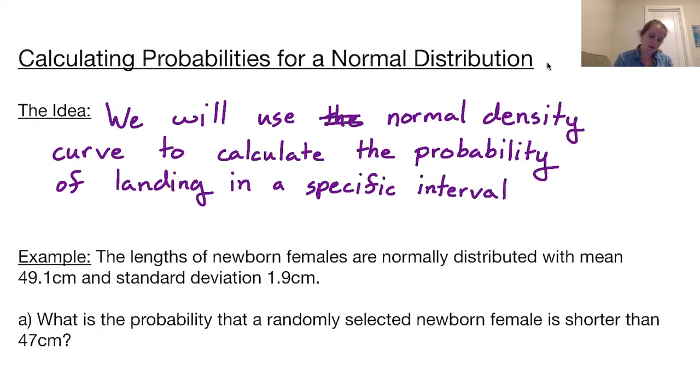Technically, I should say we will use a normal density curve to calculate the probability of landing in a specific interval.